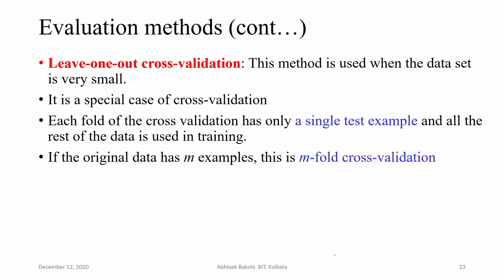For example, if we have a total of 100 patterns including training and testing, obviously 100 patterns is very small. So we can train with the first 99 patterns and test with the last pattern.